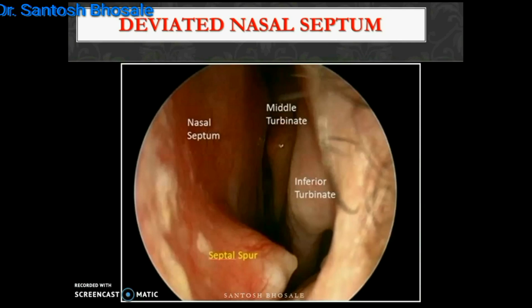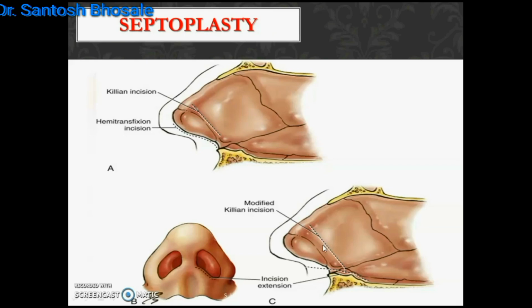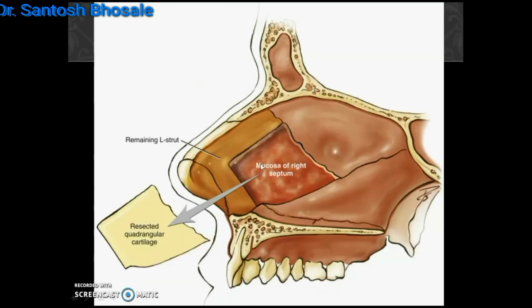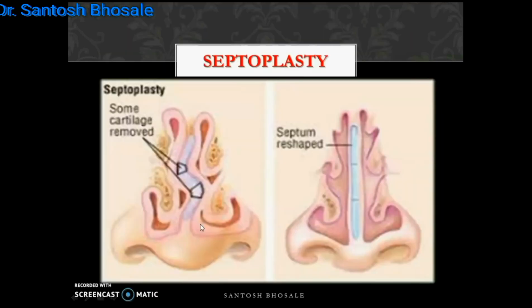You can see here an endoscopic view of the left sided nasal cavity, a septal spur is there. You can see the smooth nasal septum there. On the right side, an irregular lateral wall, and this deviated nasal septum is corrected by septoplasty by taking the Killian's or modified Killian incision, where the deformed cartilaginous pieces are removed, and again they are reshaped, and with nasal packing they are repaired.